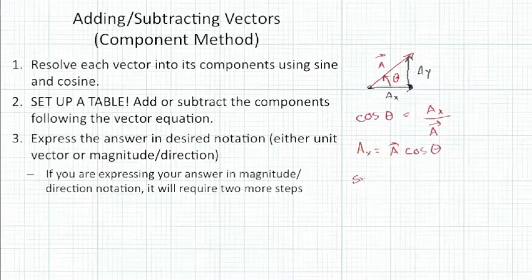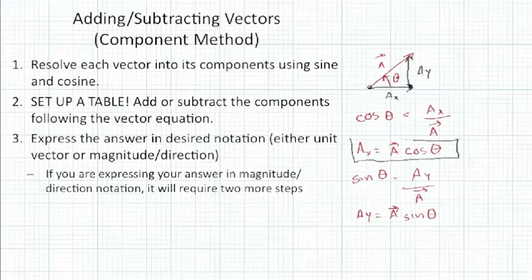So the sine of theta equals the opposite of that angle, which is AY, over the hypotenuse A. Which means then to solve for AY, that's simply the vector times the sine of that angle as measured from the horizontal.